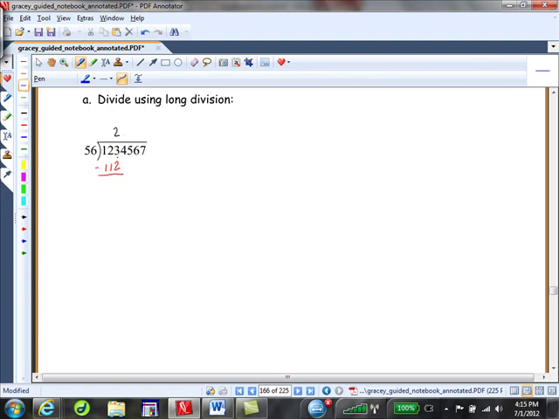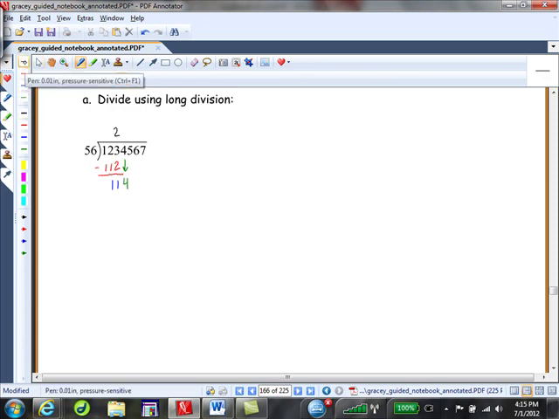So we'll get the actual remainder first. So 3 minus 2 is 1, 2 minus 1 is 1. So we got a remainder of 11. We're bringing down 4, and now we have this new partial quotient of 114.